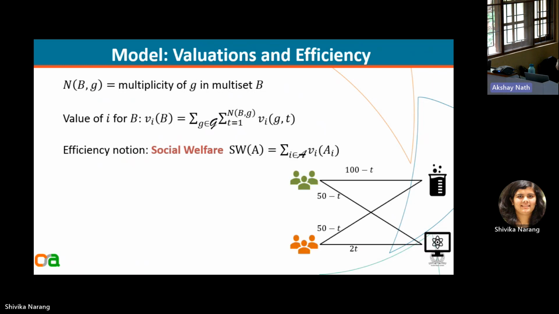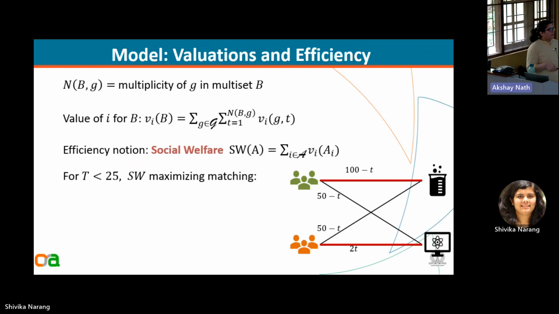So let's go back to our old example. Here, suppose I was coming up with a schedule for 1 month. So say 23 working days. What will happen is the social welfare maximizing matching here would match the green group to this lab for all those days, and the orange group gets to run simulations for those days.